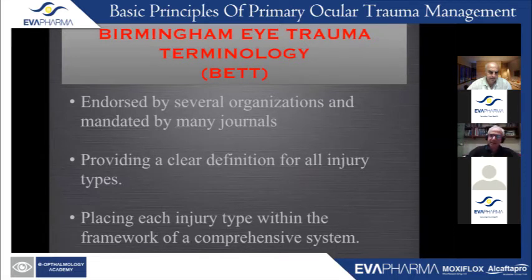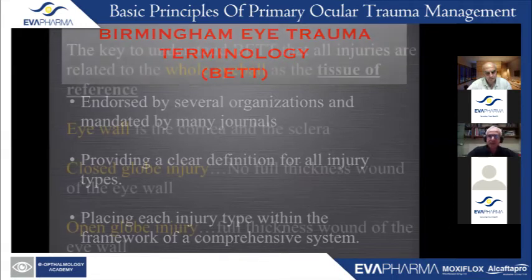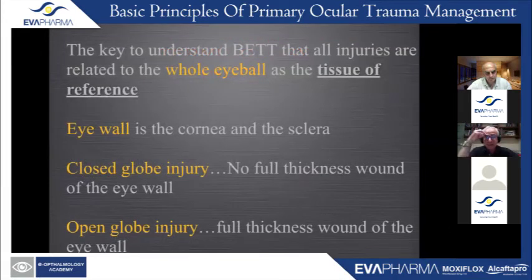It thus puts the injury type within a framework which can be comprehended by all dealing with ocular trauma. There is a very important issue about the classification: we relate to the whole eye globe as the tissue of reference.